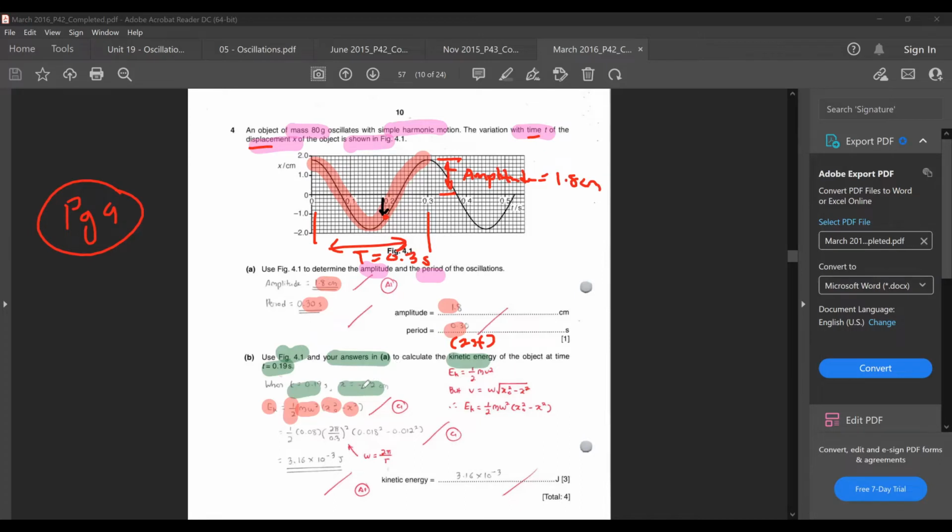I just sub in the value of x now. Remember to change it to meter. Again, omega is not given, but you can find it from 2 pi over T, knowing the period now. Your amplitude is 0.18 centimeter, sorry, not 0.18 centimeter. The amplitude is 1.8 centimeter. Remember to change it to meter and then square it.